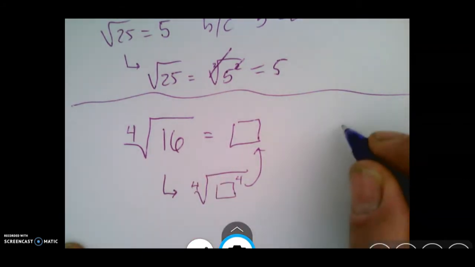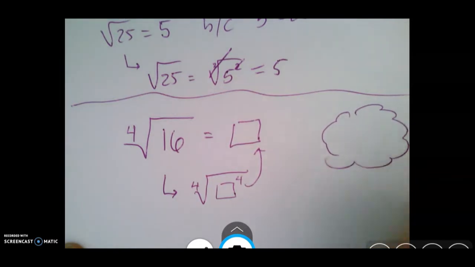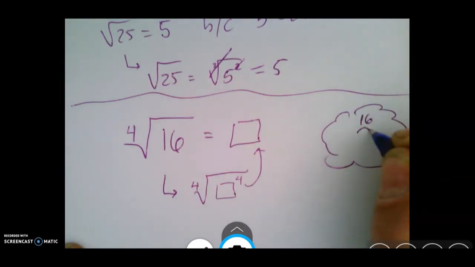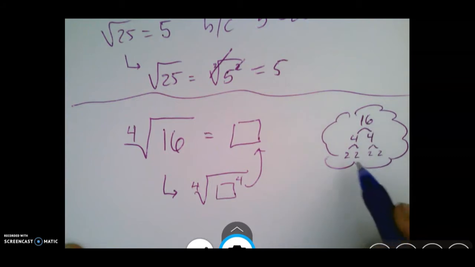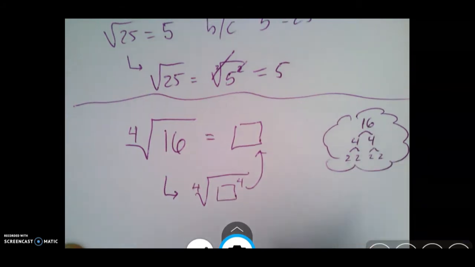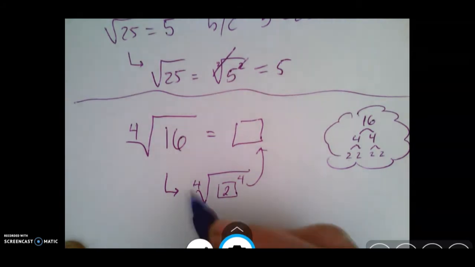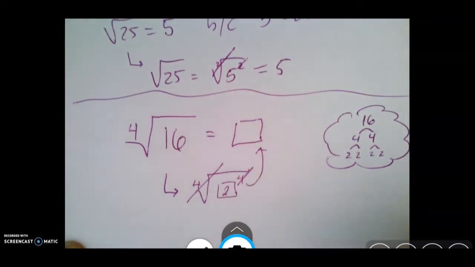Well, 16 is really 4 times 4, and 4s are just 2 times 2. So 16 is really 2 times 2 times 2 times 2, or 2 to the fourth. So the fourth root of the fourth power cancels, and that's why your answer is just 2.